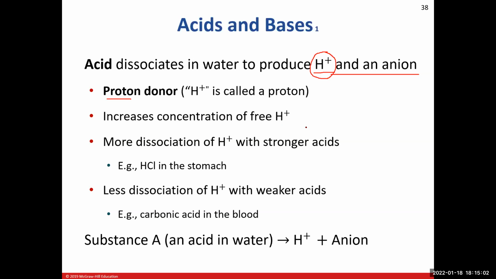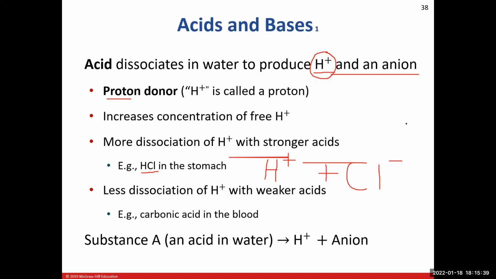So when I add an acid to water, that acid is going to dissociate. For example, hydrochloric acid, HCl. When I add hydrochloric acid to water, it's going to break down into a hydrogen ion, or proton, and an anion, which in this case is chloride.